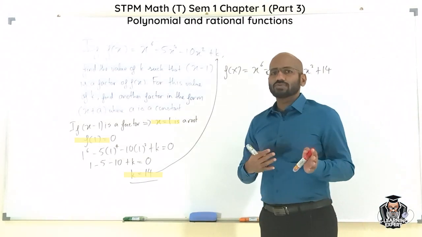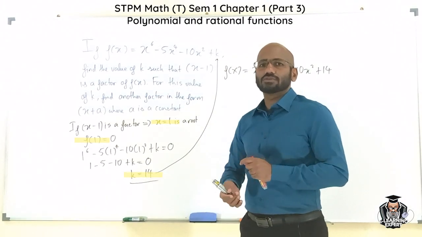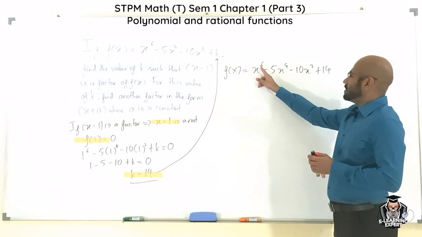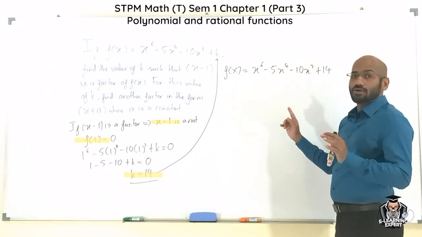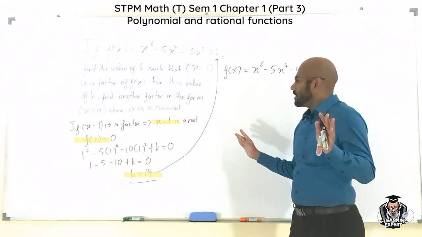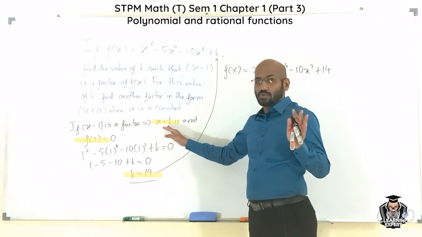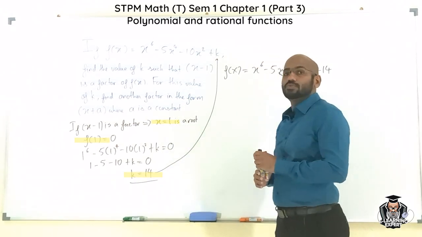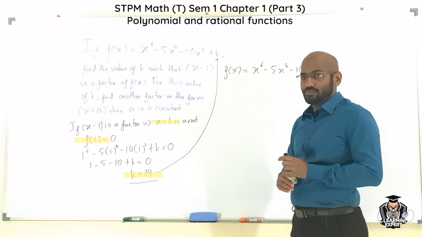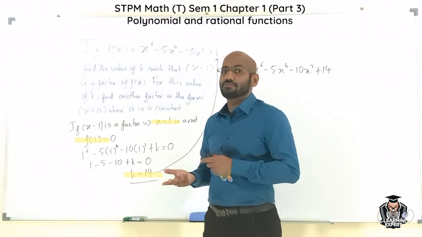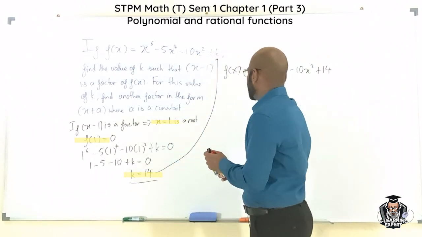Now this is a trick question, and I want you guys and girls to go home and research something about this as well. Look at all the powers of x over here. They are all even. So I know one root is x equals 1. The other root will be x equals negative 1. The powers are even, so it occurs in a plus minus fashion. Why? Go and check it out.